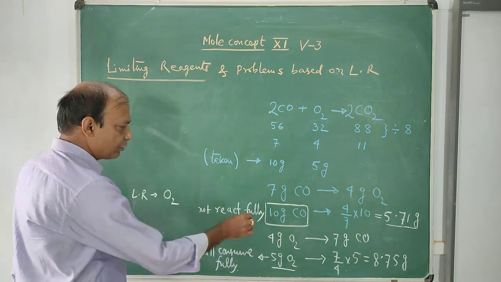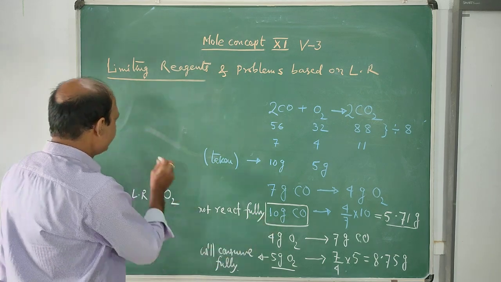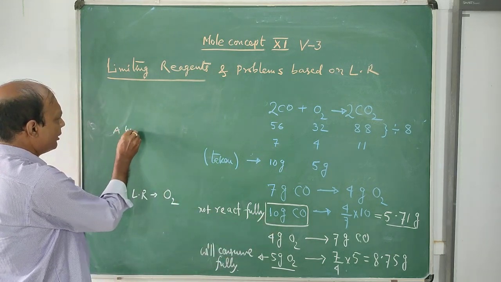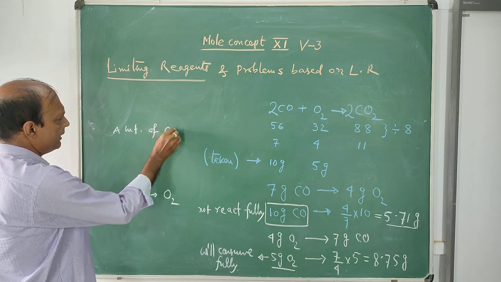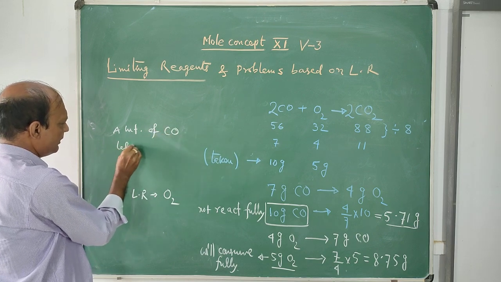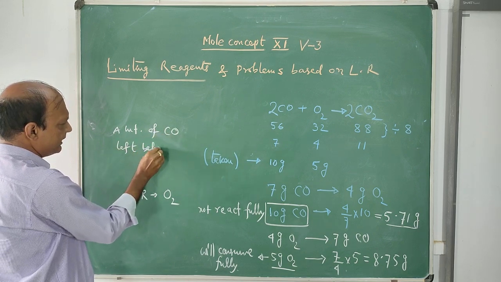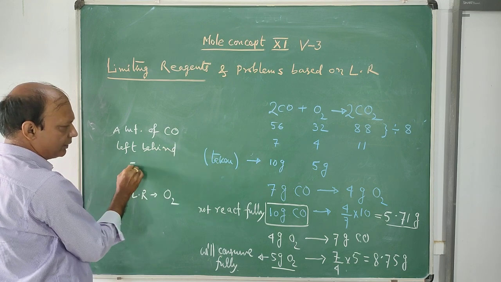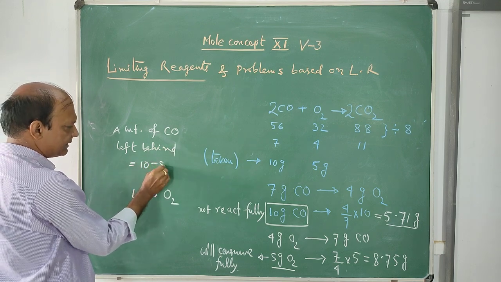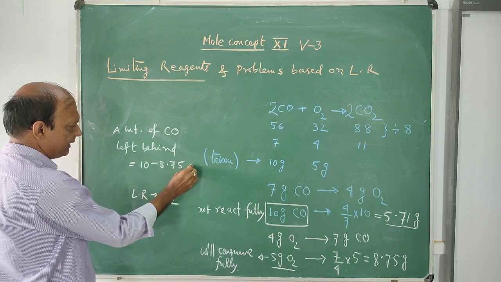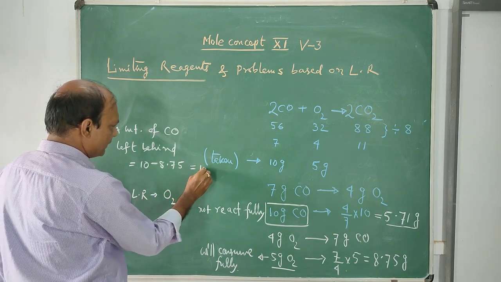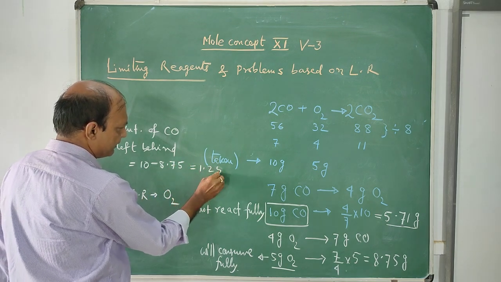Therefore, the amount of carbon monoxide left behind is equal to 10 minus 8.75, that is equal to 1.25 gram.